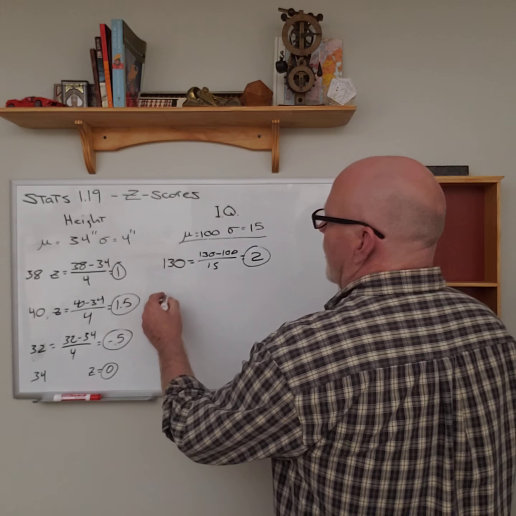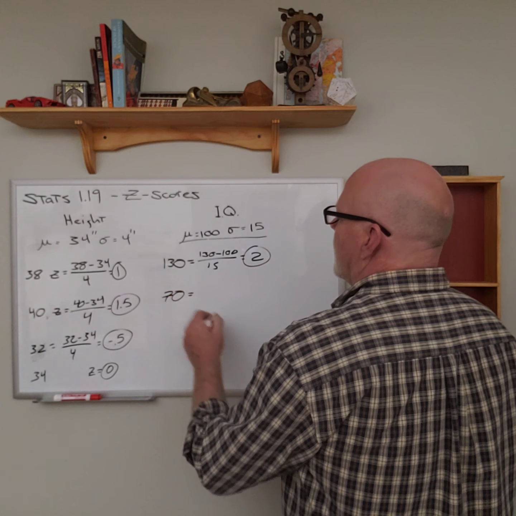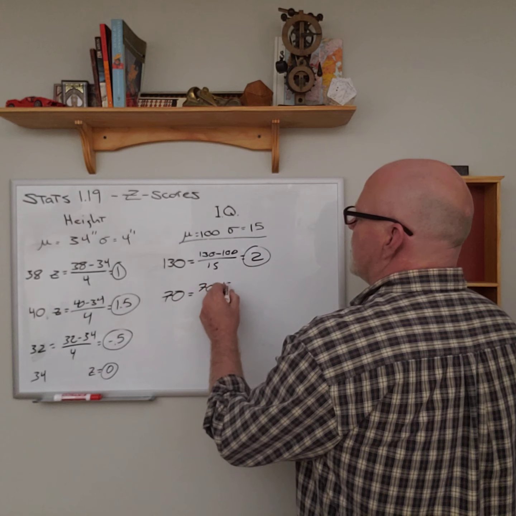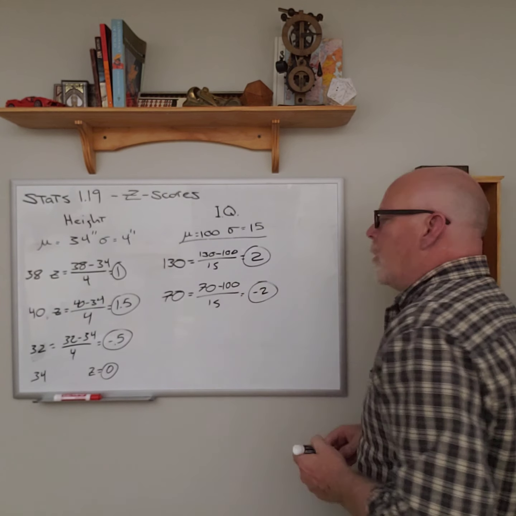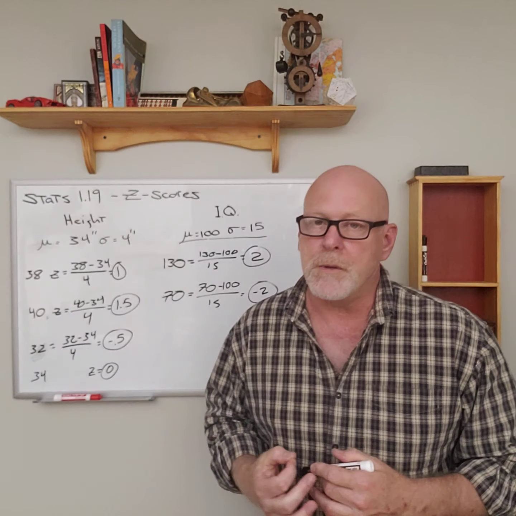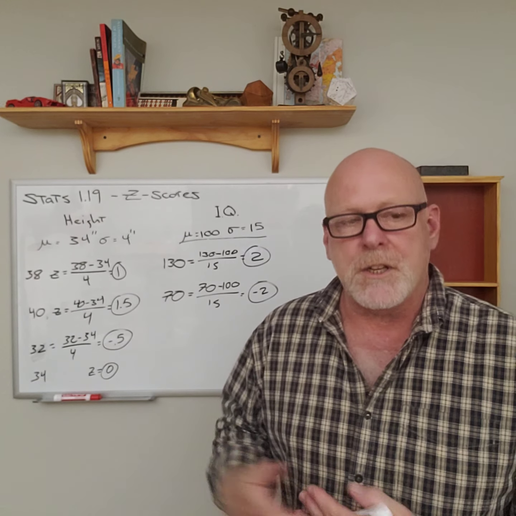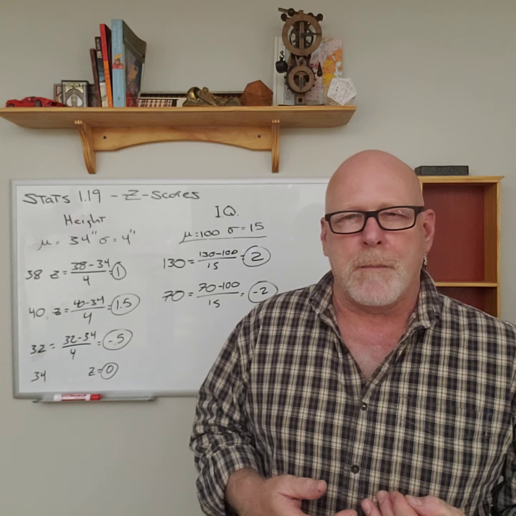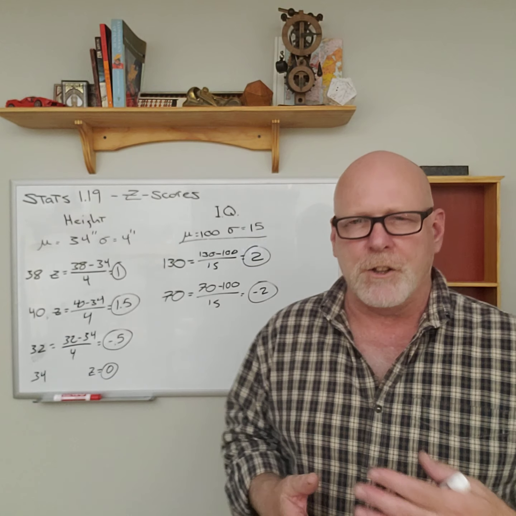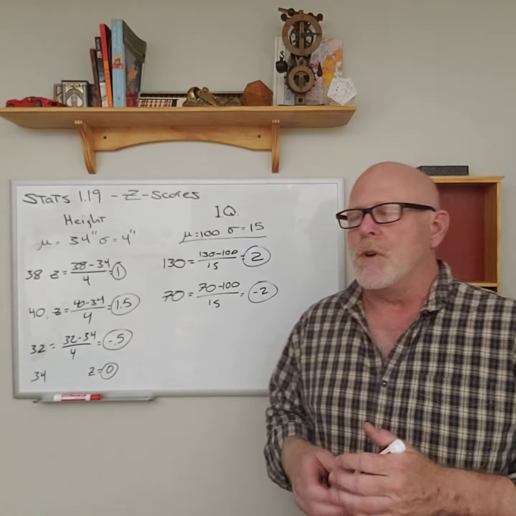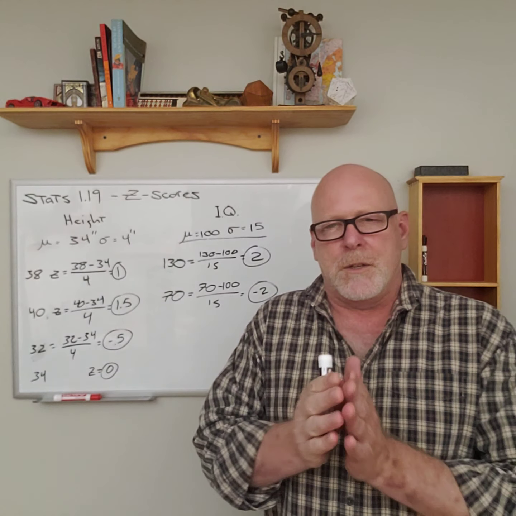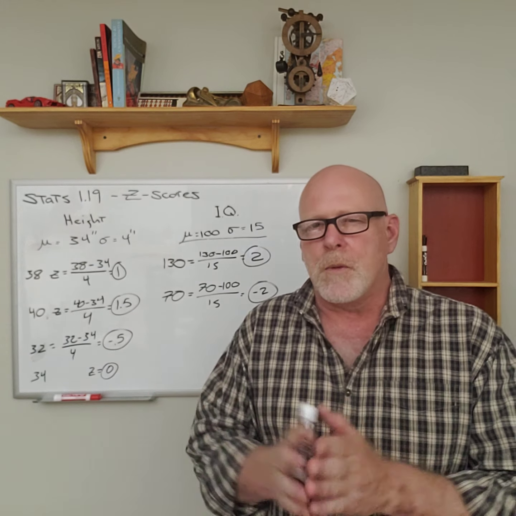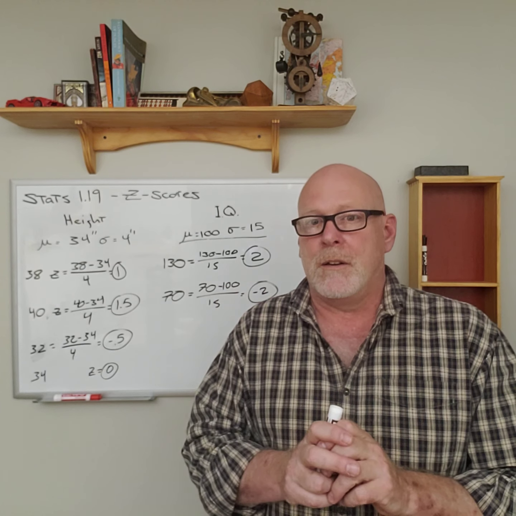Suppose you have an IQ of 70. Well, 70 minus 100 divided by 15 is going to give us -2. That would be 2 standard deviations below the mean, which is a significant number. If you know anything about educational psychology and the laws around education, you know that 130 is the IQ that is the breaking point between normal and gifted.